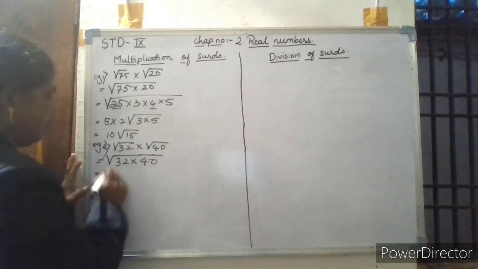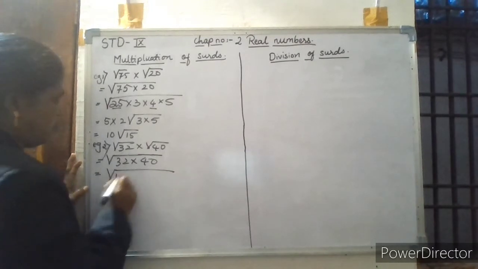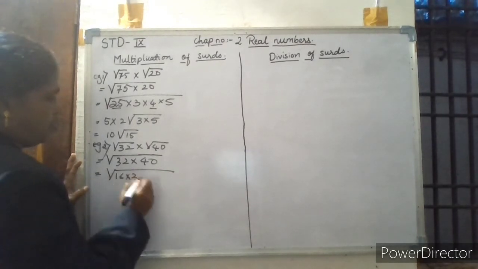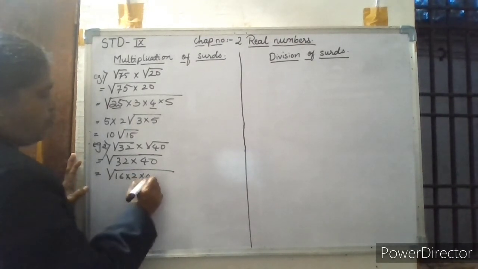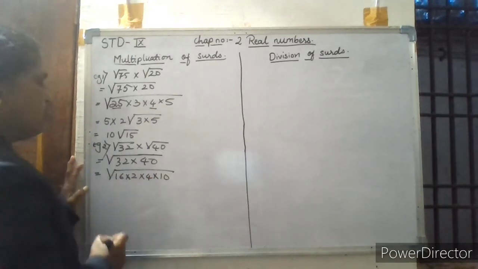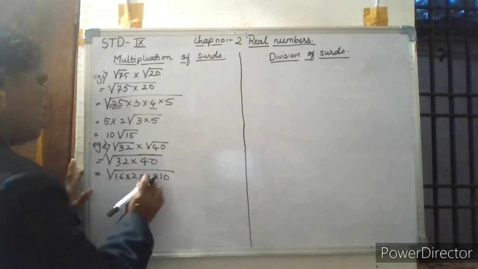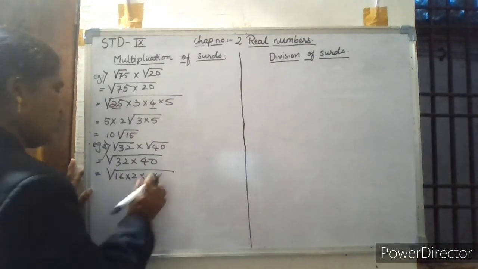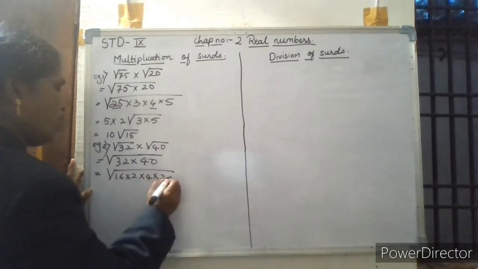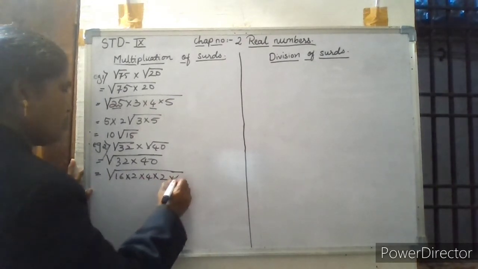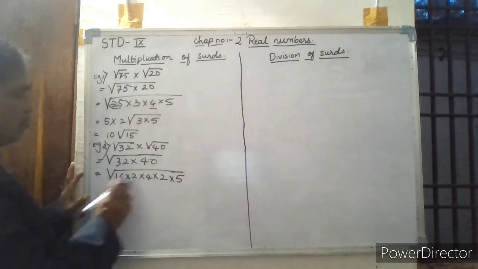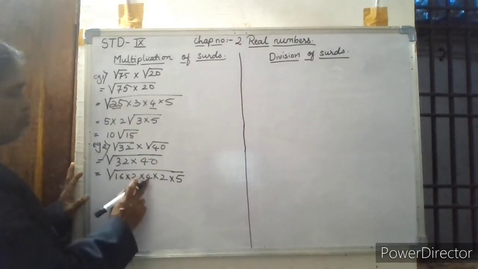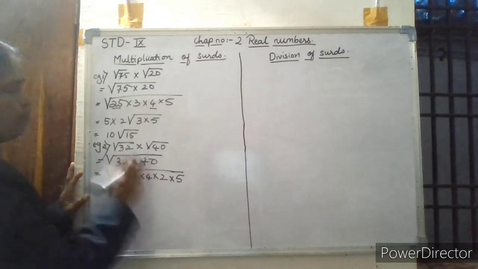So it is equal to, as 16 twos are 32, then 4 tens are 40. Again this 10 can be split as 2 into 5, 4 eights are 32, 8 fives are 40. Yes, 16 twos are 32, 8 fives are 40.